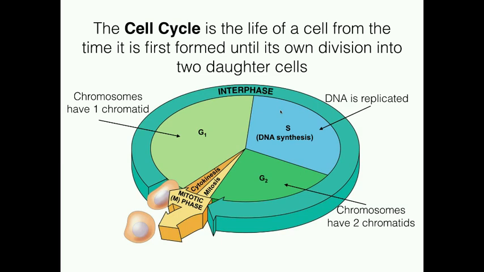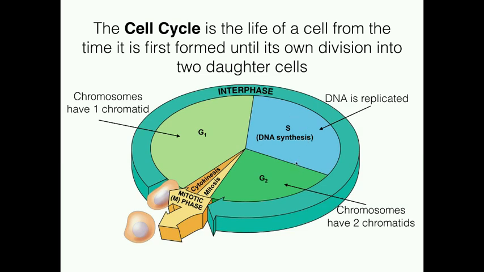However, the number of chromosomes stays the same. That's because this new DNA that's been replicated remains bound to the original chromosome at the centromere. So here, after S phase, after the DNA has been replicated, the chromosomes have 2 chromatids. They're that standard X-looking chromosome that you've probably seen many times.